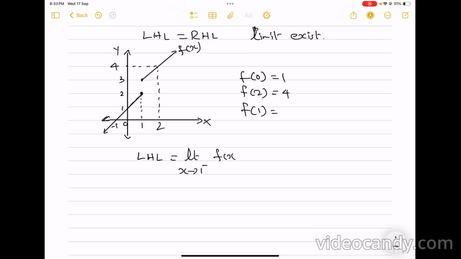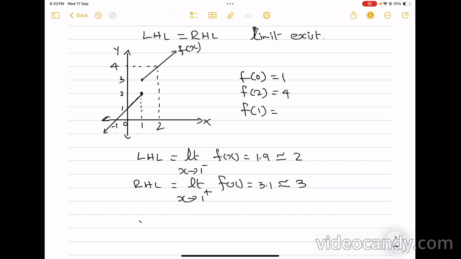It is almost 1.9, approximately equal to 2. But approaching from the right hand side, x tends to 1 plus f of x, what is the answer? It is not 2, it is almost 3, 3.1 or approximately 3.